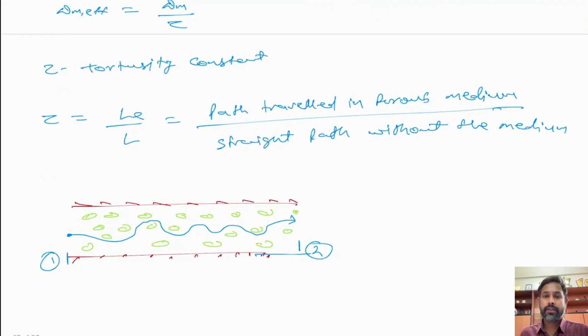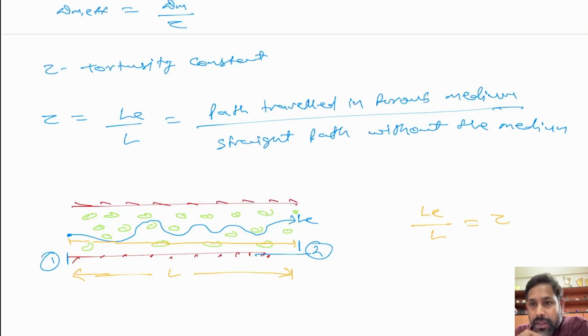Whereas if it was not a porous medium, it would simply travel straight from this point to that point, right? So in this case, this is covering a distance of Le, whereas without porous media, it would be covering a distance of simply L, right?